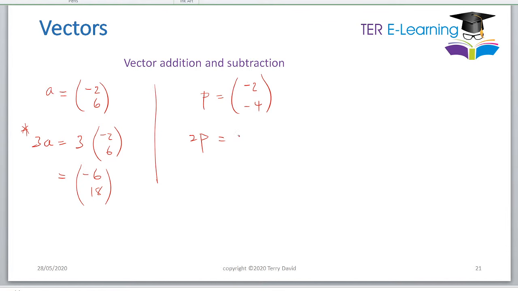So all you need to do, you're going to say 2 multiplied by (-2, -4). Oh, by the way, this is exactly how you're writing up your answer if you have to write it. So 2 by -2 gives me -4. 2 by -4 gives me -8. Right? So this is my vector 2p. Now, that is vector scalar multiplication.